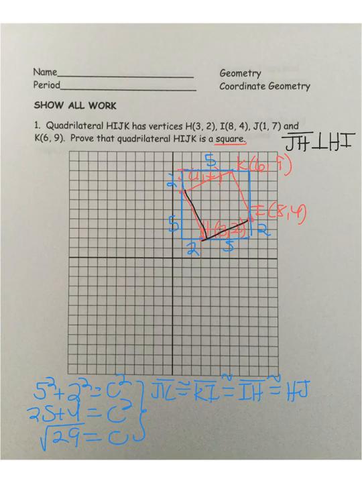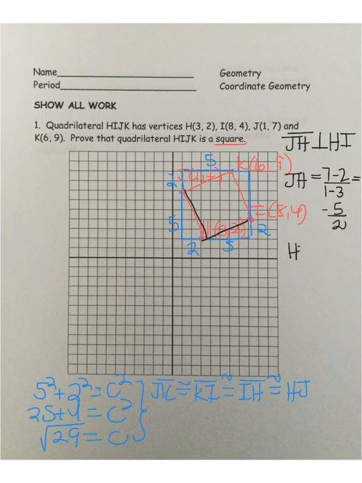Okay, so the slope of JH. So 7 minus 2 divided by 1 minus 3 is equal to the difference of negative 5 halves.